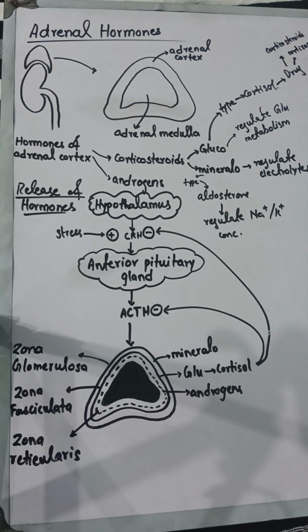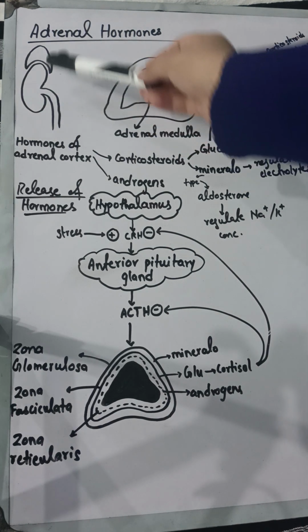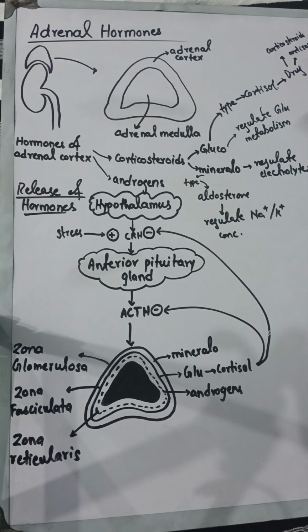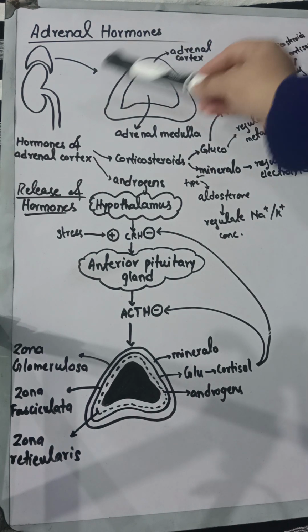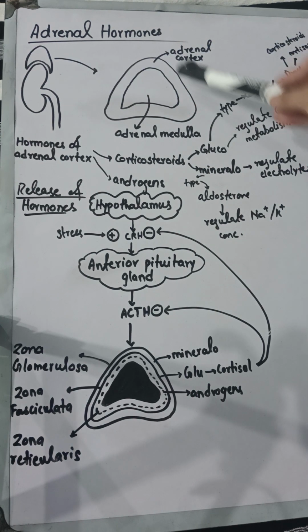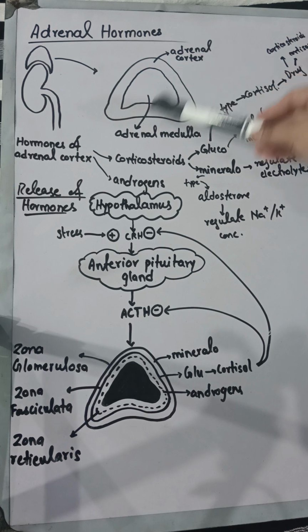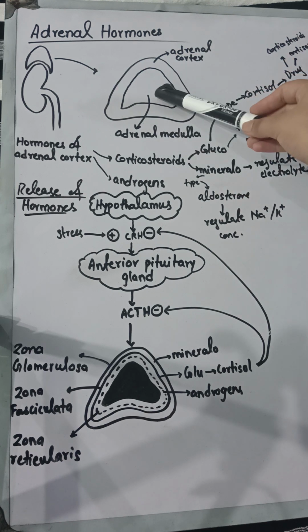Now first of all, I am giving a brief overview of the previous information which you already know. On our kidney a gland is present which is called the adrenal gland. I am zooming in on this gland here. It consists of two layers: the adrenal cortex, the outer layer, and the adrenal medulla, which is the inner layer.